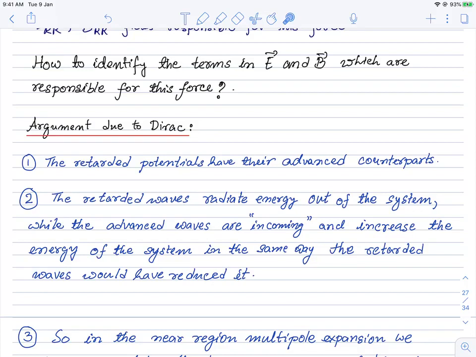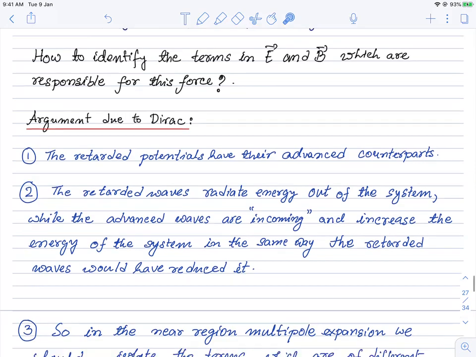So you compare the retarded potential with the advanced potential in the near field expansion, and then you isolate the terms that are different. Those terms are responsible for taking the energy out, and therefore we can just focus on those terms and find the self force only for those terms in the retarded potential.